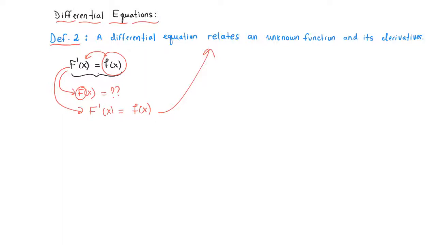Because in this simple equation right here, you are talking about an unknown function, and all that you know about that function is its derivative. You know that the derivative of big F is little f of x, but you don't know big F of x. You have to find it. You have to think about what that function is.